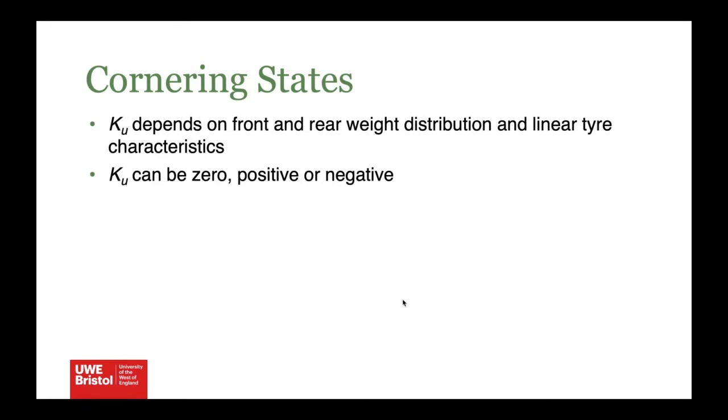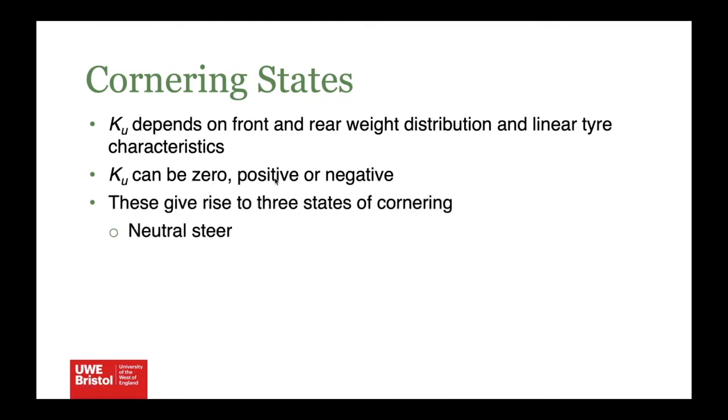This depends upon the value for the understeer gradient, the front and rear weight distribution and the tyre characteristics. Ku can be 0, positive or negative, and these values will determine the vehicle state: neutral steering, understeering, and oversteering. So those are the three different states we'll talk about.